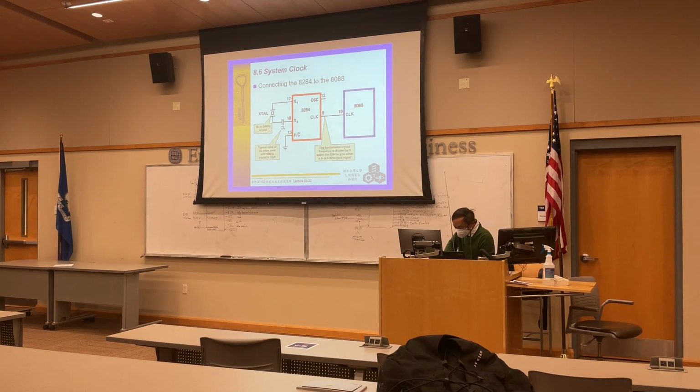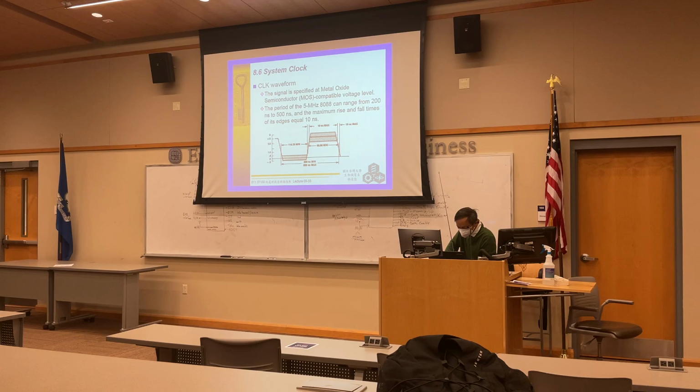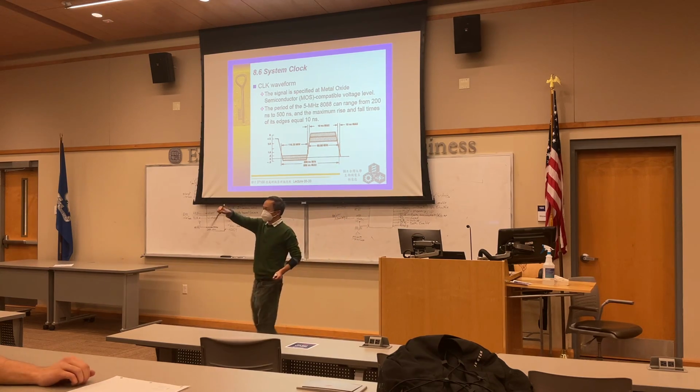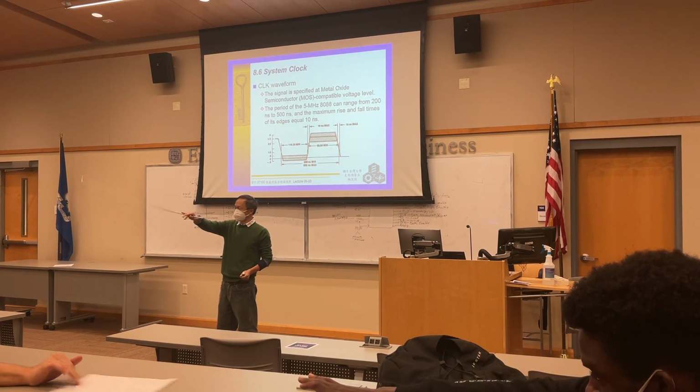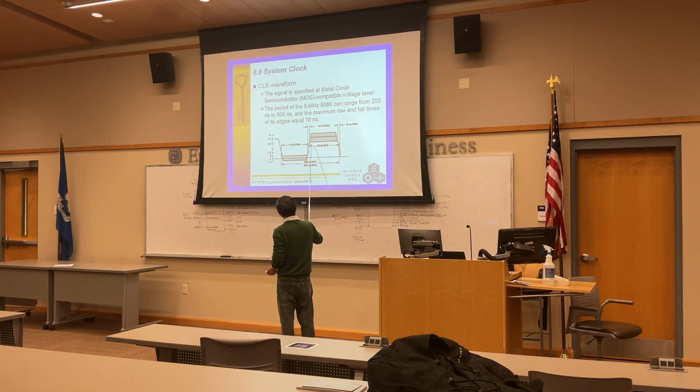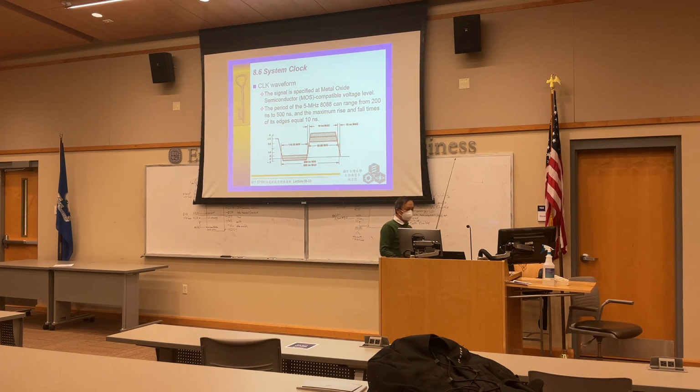Okay. Now, clock waveforms. Clock is always 0, 1, 0, 1, 0, 1. Tick clock, tick clock. It should be well defined, repeatable. The older generation is megahertz. Now we're talking about gigahertz, nanosecond time period.